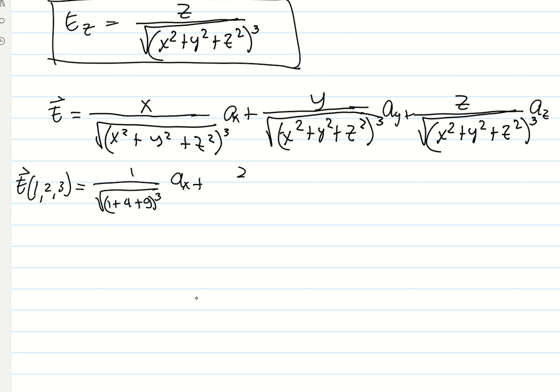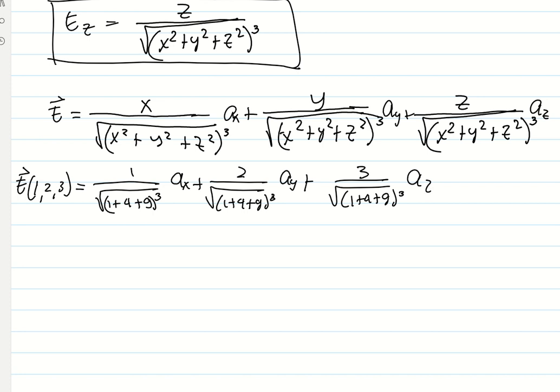Plus for y it is 2 all over this again, 1 plus 4 plus 9 cubed, in the y direction. And lastly, for z, this is 3 all over the square root of 1 plus 4 plus 9 cubed, in the z direction. So we already evaluated this. So this will be 1, 2, 3 over the square root of 1 plus 4 plus 9 cubed. That's just equal to 0.019.